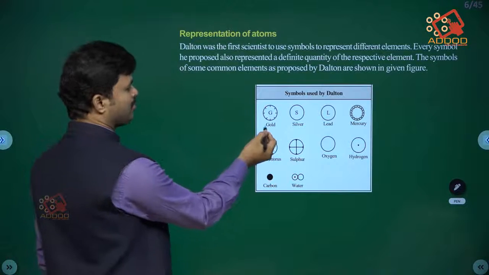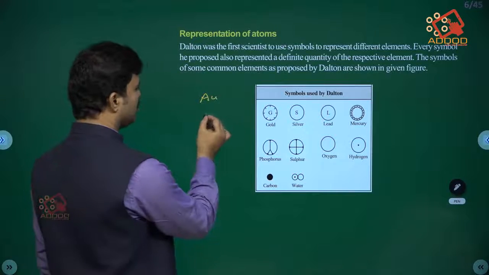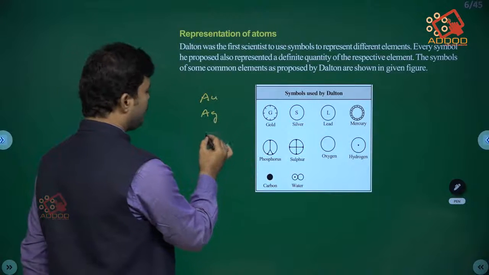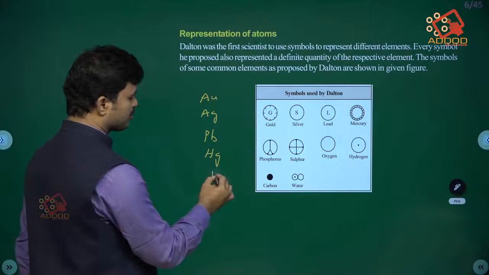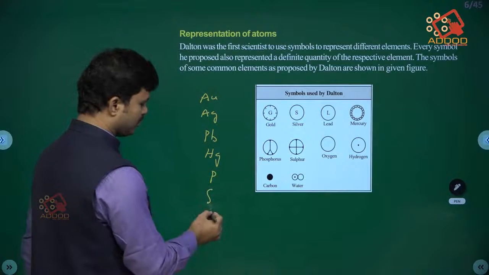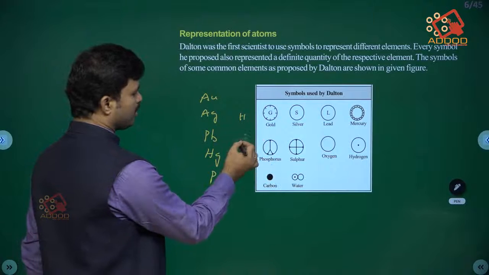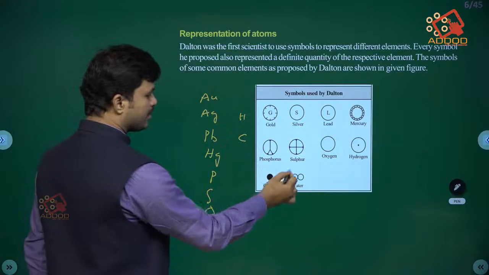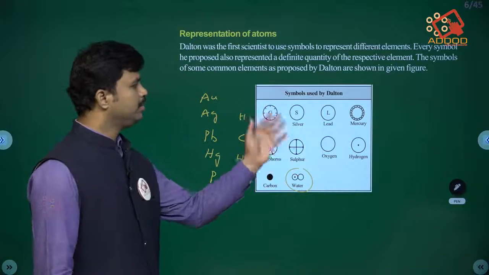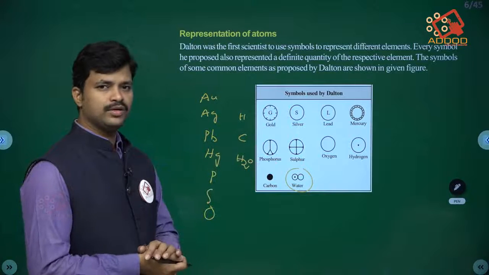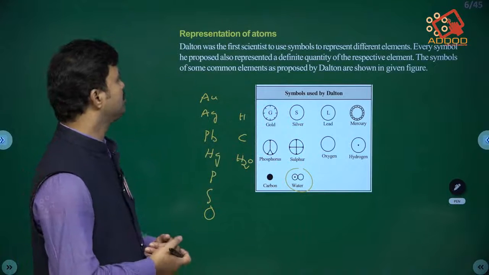In modern days, gold we write Au, aurum, silver Ag, lead is plumbum, mercury Hg, hydrargyrum, phosphorus P, sulfur S, oxygen O, hydrogen H, carbon C. If you want to write a water molecule, H2O. This is the modern notation. In olden days, before Dalton, this was the information, the Berzelius concept.